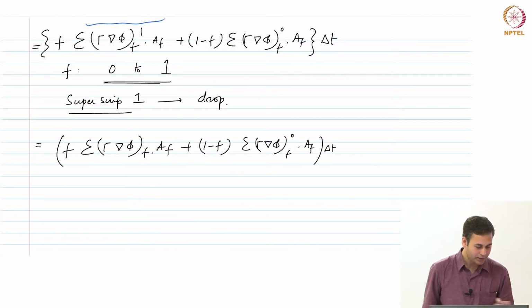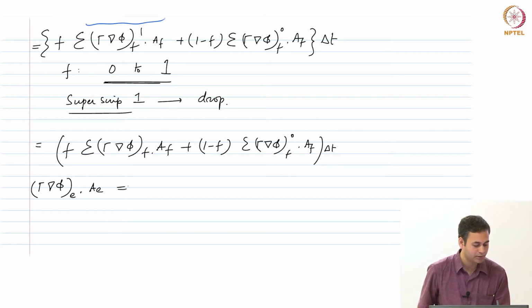Then what is the value, let us say, of gamma grad phi east dot A east? How much would this be? Let us say we have a 2-dimensional problem and we are back to a Cartesian mesh. We have done this in diffusion.